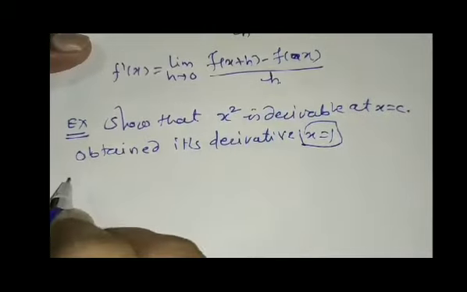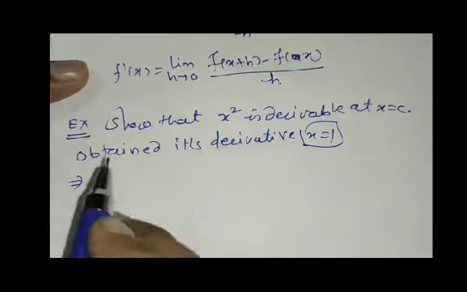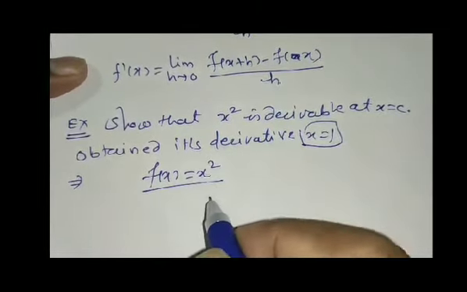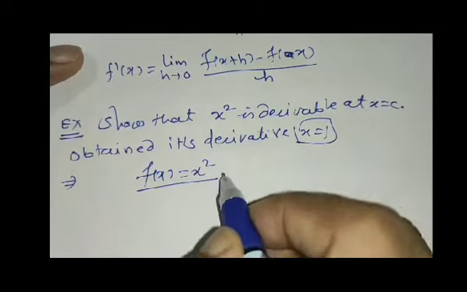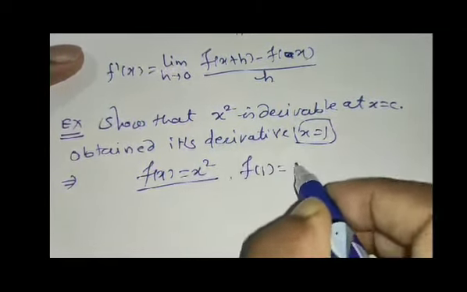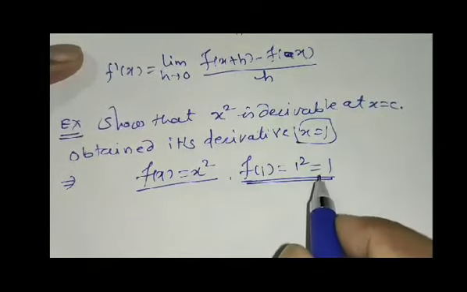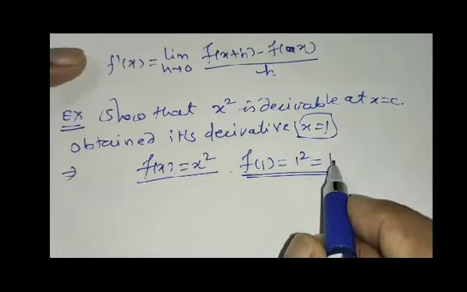So student, let's start its solution. So what is the function? f of x is equal to x square is a function. So we know that f of 1 is equal to 1 square, and that is equal to 1.